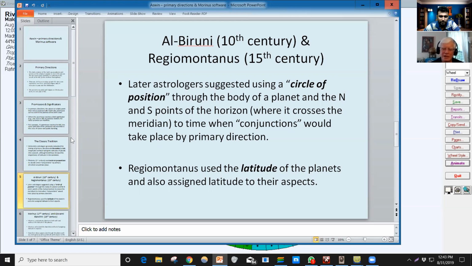But anyway, Regiomontanus did use the latitude of the planets. So in his system, his circle of position that locates the planet in space goes through the body of the planet, whereas Ptolemy was using the zodiacal position, and the tradition was the zodiacal position of the planet, not the body of the planet. So there's different ways to do primary directions.